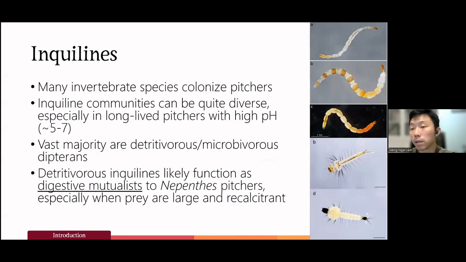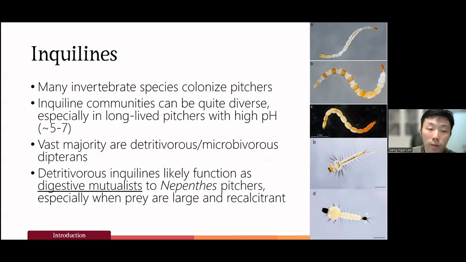In fact, in the wild, it is almost impossible to find a pitcher that is not colonized by one or more species of invertebrates, inquilines. Inquilines can be extremely diverse, especially in long-lived pitchers with high pH, like Nepenthes ampullaria, Nepenthes bicalcarata, Nepenthes vogelii.